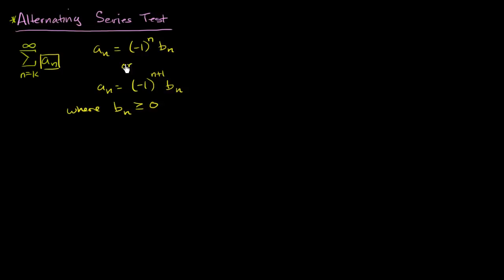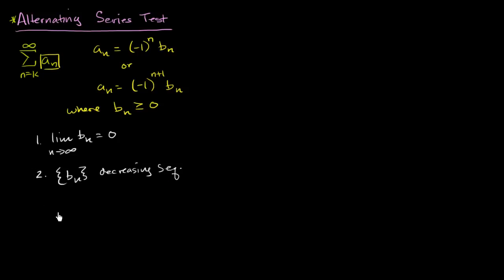So if all of these things are true, and we know two more things: number one, the limit as n approaches infinity of b sub n is equal to 0, and number two, b sub n is a decreasing sequence.